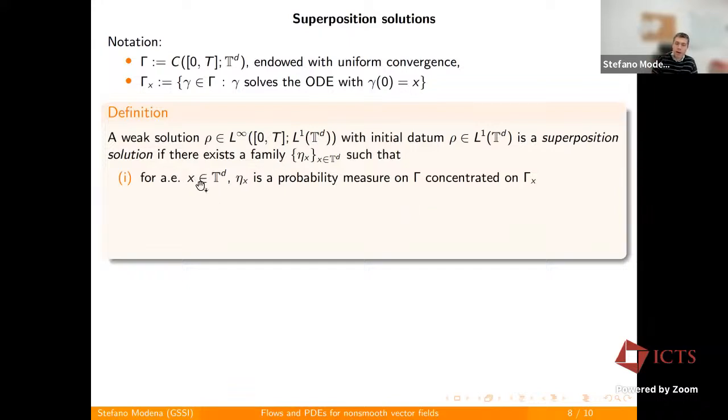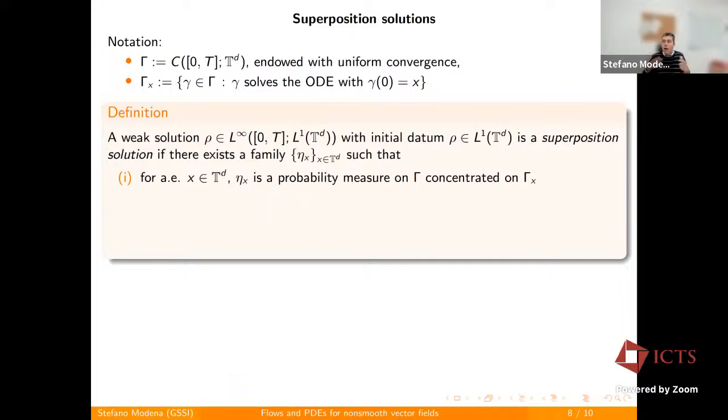The requirement is that for almost every x, this eta_x is a probability measure on the space of curves concentrated on Gamma_x, the set of solutions to the ODE starting in x. I am implicitly assuming that this set is non-empty, that I have at least one characteristic. Essentially, this eta_x is telling me how likely it is that I follow one characteristic rather than another. Of course, if Gamma_x contains just one single element, if there is just one single characteristic starting from a point x, then this eta_x must be a Dirac delta concentrated on that curve.